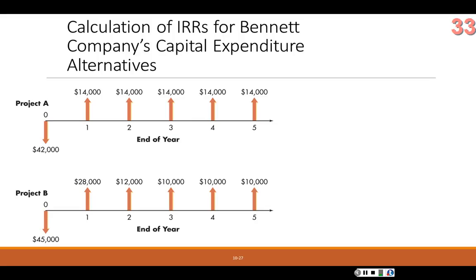To calculate internal rate of return on your calculator, you simply have to enter in the cash flows, just as we did previously. Cash flow at time period 0, a negative $42,000. Cash flow at time period 1 is $14,000 with a frequency of 5.